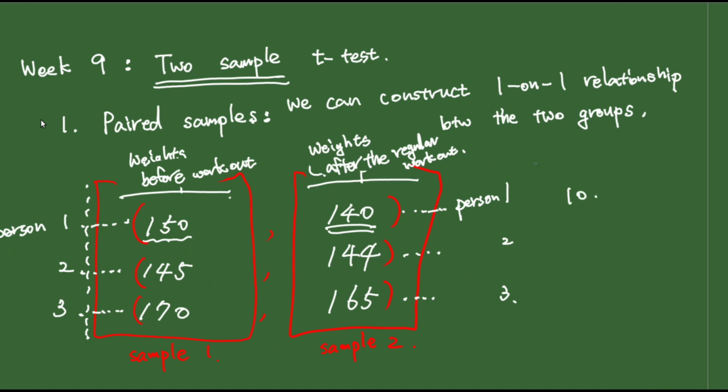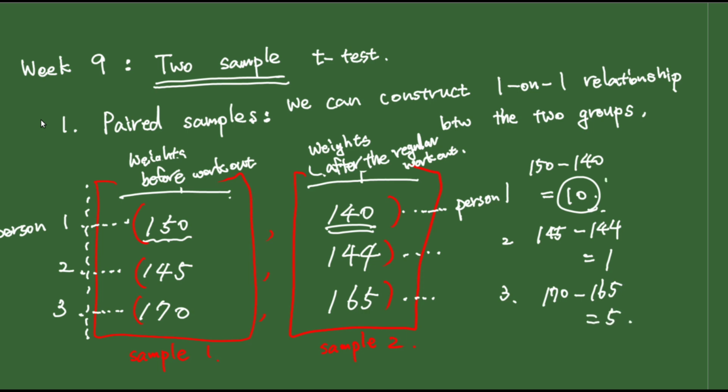So 10 can be obtained by 150 minus 140. And then the other one is 145 is the before weight, and 144 is the after weight. So the difference between these two is 1, and this one is also 170 minus 165 makes the 5.